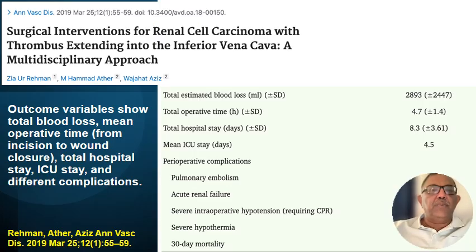In our own experience, in this article published some years back, we looked at outcome variables: blood loss, the mean operating time, incision to wound closure time, total hospital stay, and development of various complications.